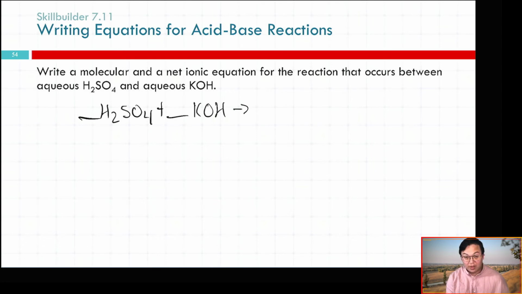Because this is an acid-base reaction, with sulfuric acid and potassium hydroxide, we know one of our products is going to be water, and our other product is the combination of potassium, K2, because sulfate is SO4, and then we'll balance this.